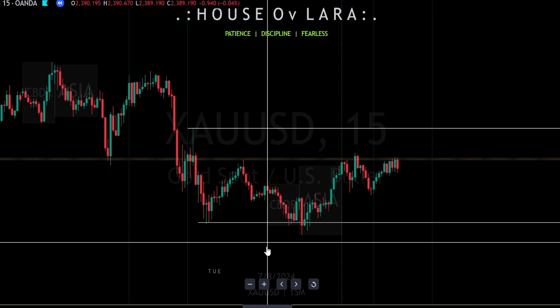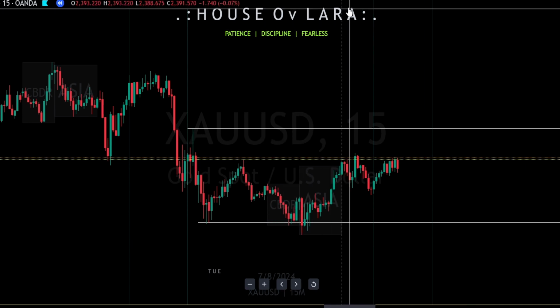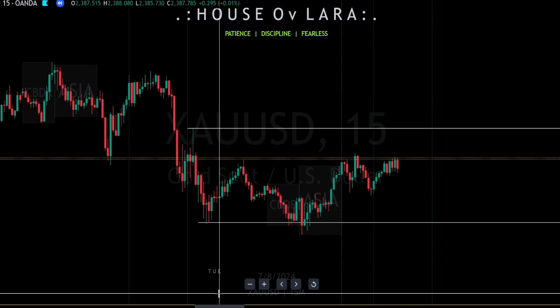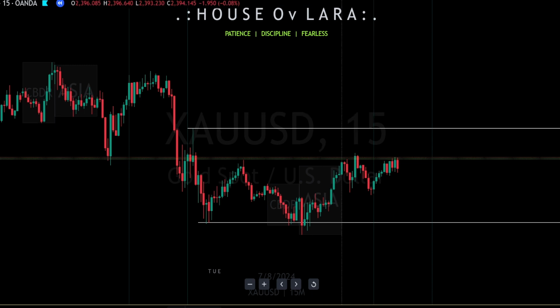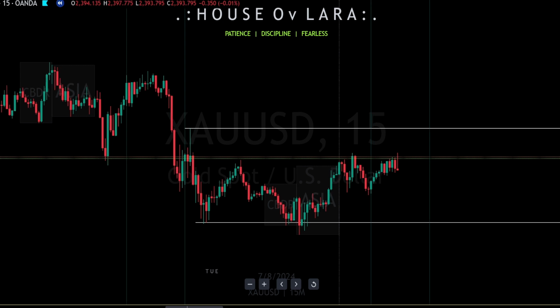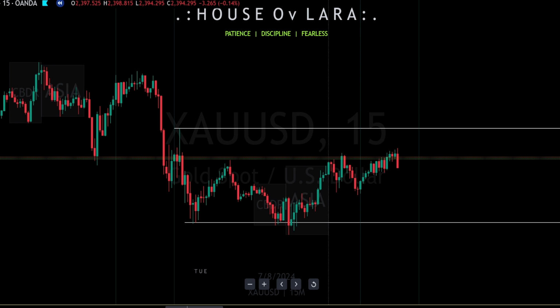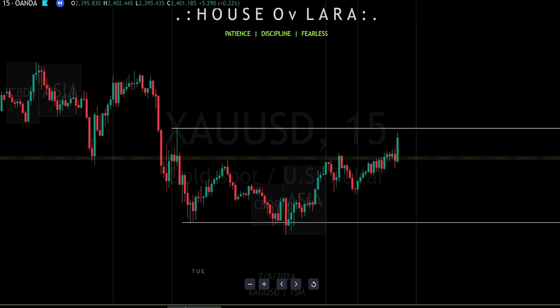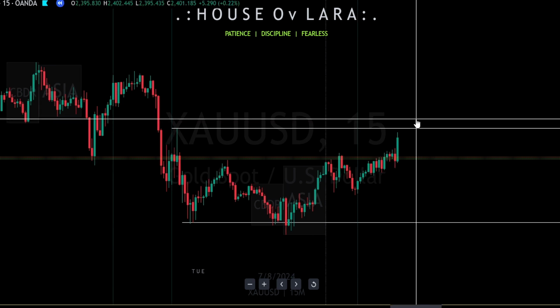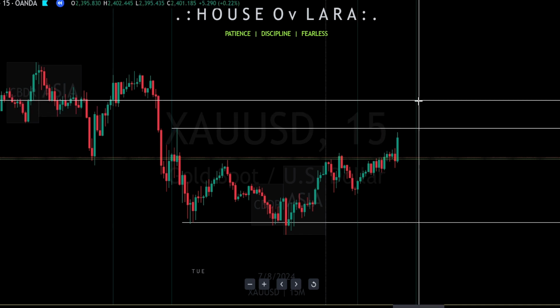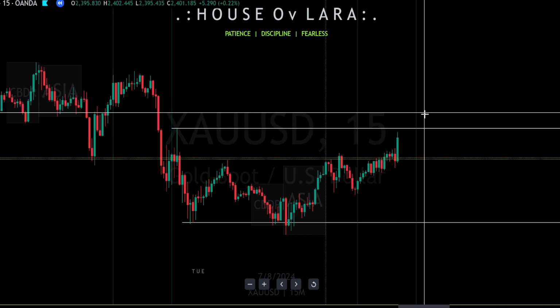Let's replay. And another thing that I want you guys to know is that always around this time, I have these marks right here, because this is when big moves happen between these time frames.